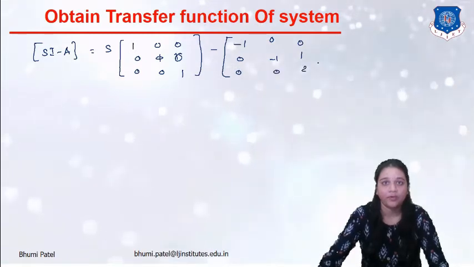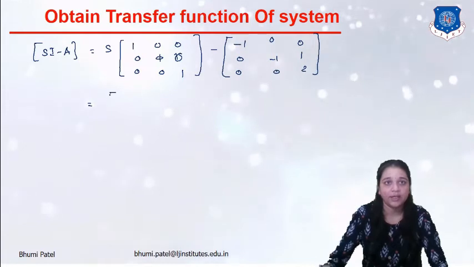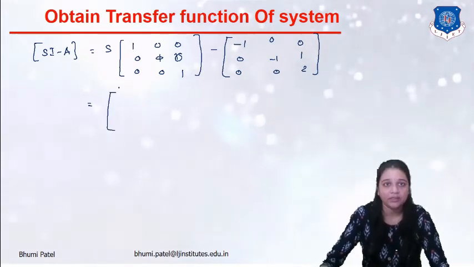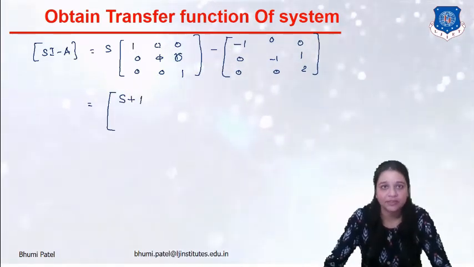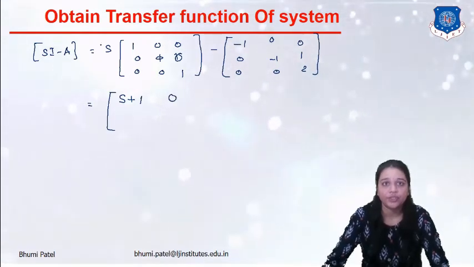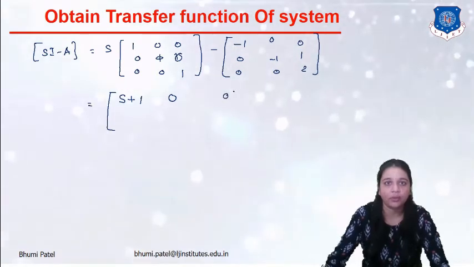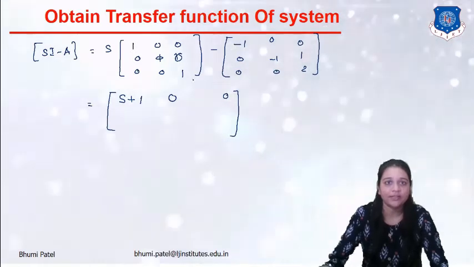Now we have to simplify this equation. Here you can see S into 1 minus minus 1 means S plus 1. Now S into 0 means 0 minus 0, that is equal to 0. S into 0 means 0 minus 0, equal to 0. Then for the next row, 0 minus 0 means 0.